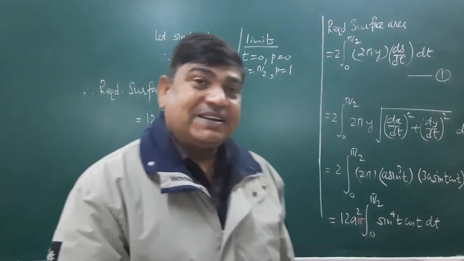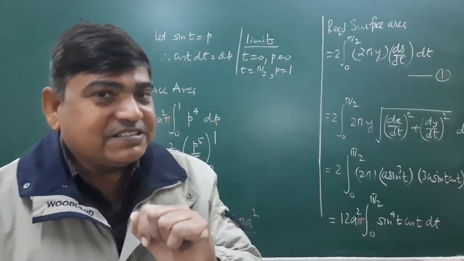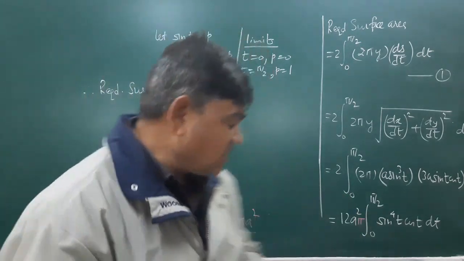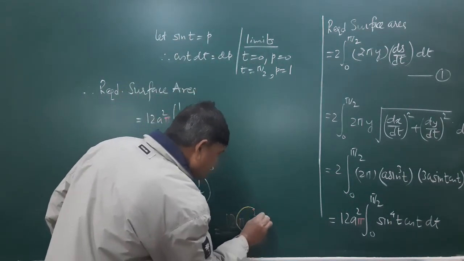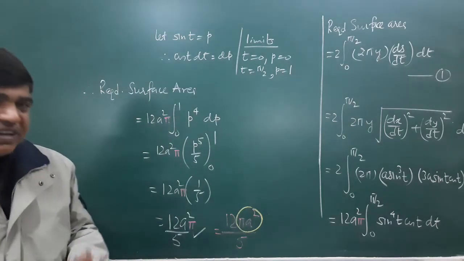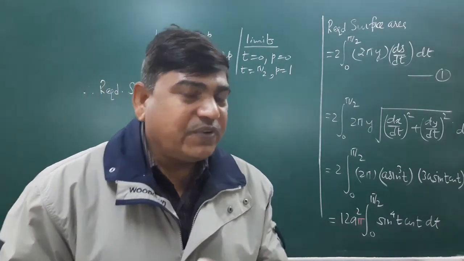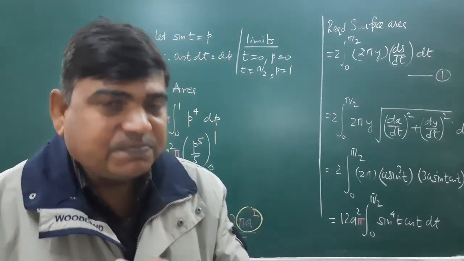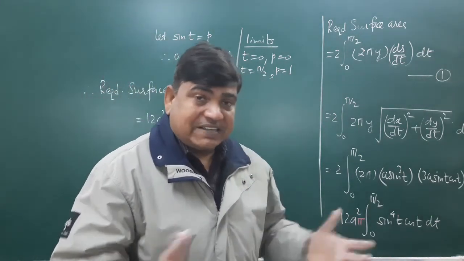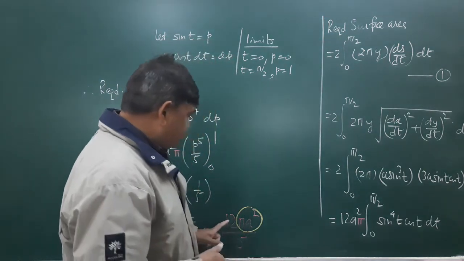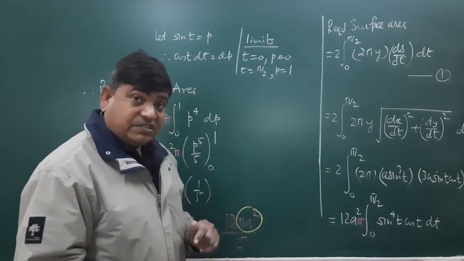Now you just remember the area of circle x square plus y square equals a square is pi r square, means it is pi a square. So what is the surface area of that particular one, that when the asteroid is rotated about x-axis, then its area becomes 12 upon 5 pi a square.